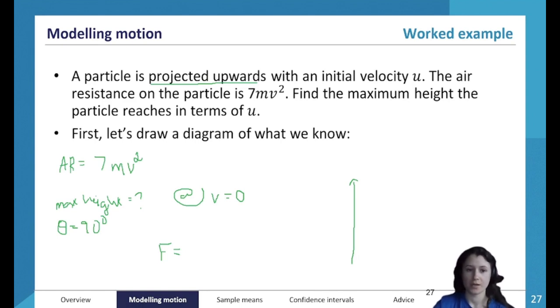We know that the net force is going to be mg, because that's the force due to gravity, remember, minus the 7mv squared that we were given as air resistance. Alright? Because we have the ball being thrown upwards, and the only force which is resisting that is the air resistance.